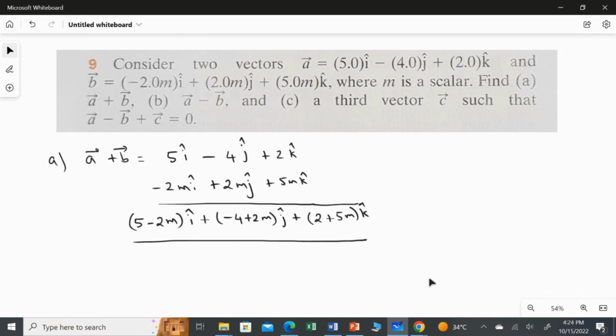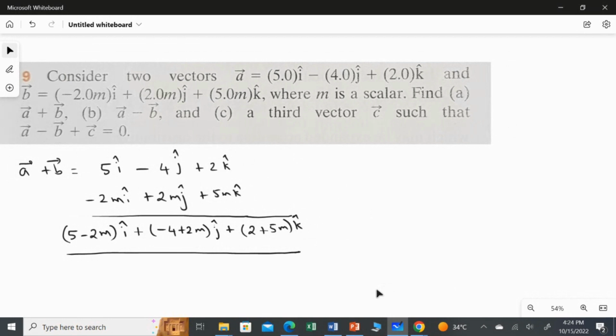Likewise, we have to do the same thing for a minus b vector. So better I can make a line here, so by that it will be easy. So in part b, we are going to find a vector minus b vector.